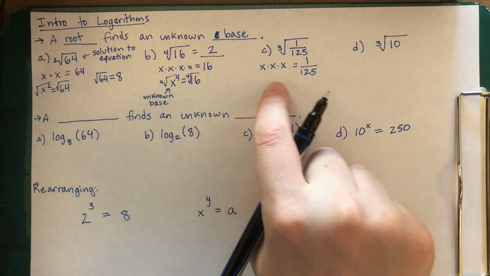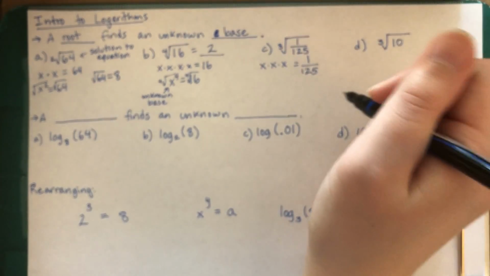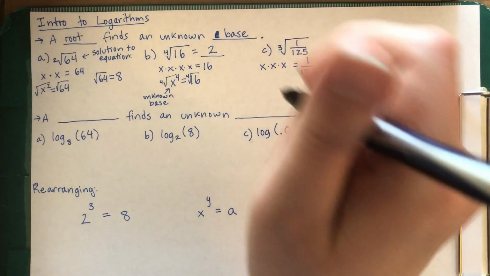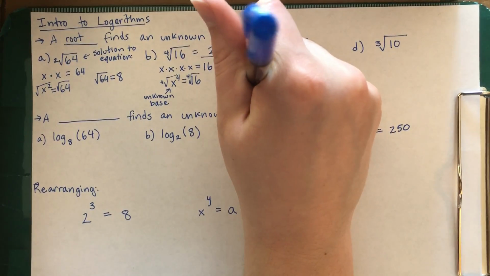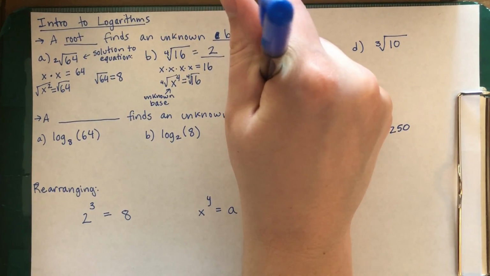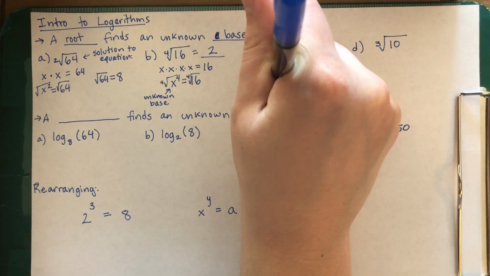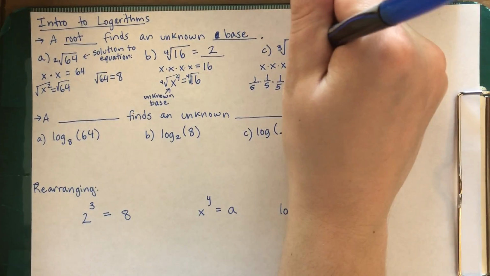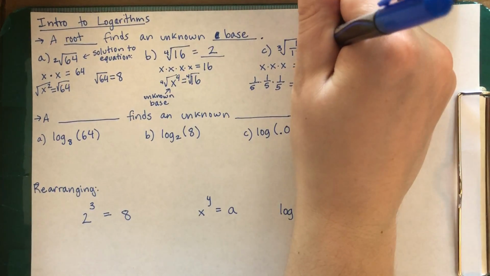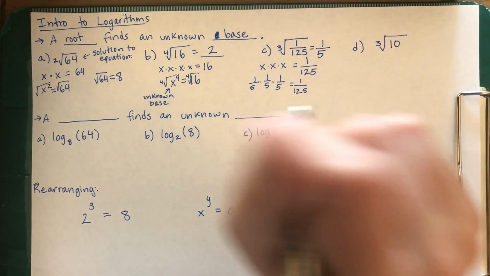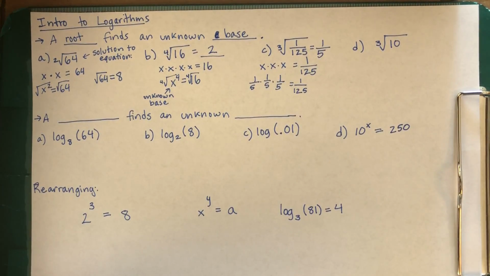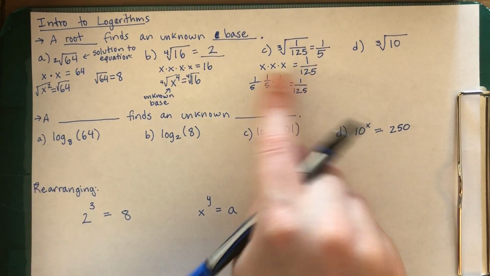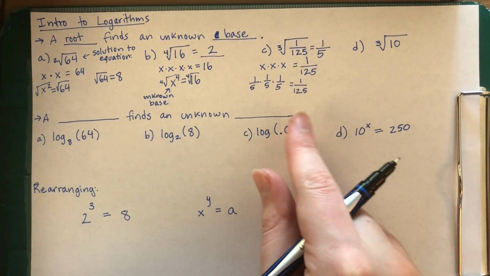And because this result is a fraction, this x should also be a fraction. The thing that makes the most sense is 1/5 times 1/5 times 1/5 equals 1 over 125. So the cube root of 1 over 125 is 1/5. There we go. So if we had x cubed equals 1 over 125, we would solve that equation by doing the cube root of both sides.